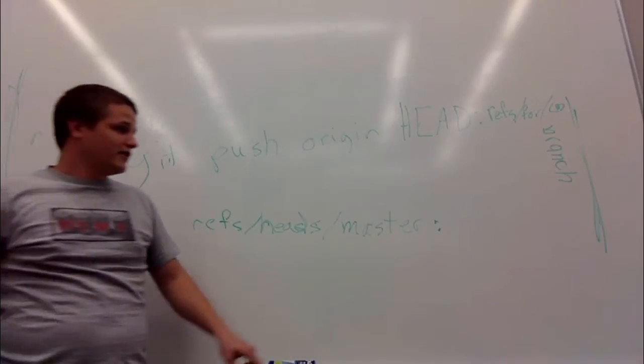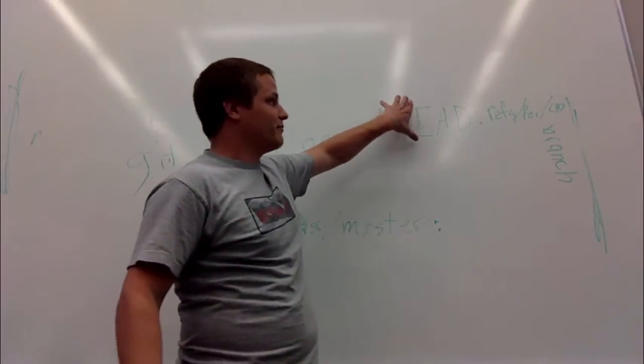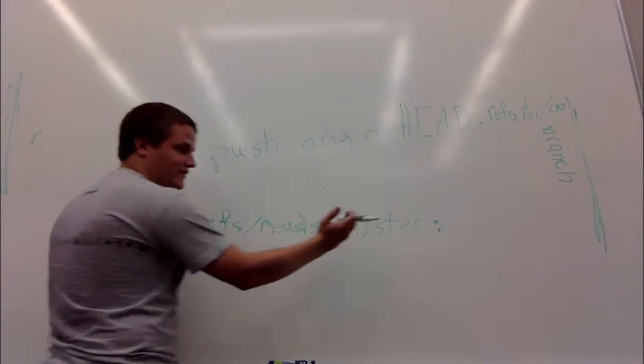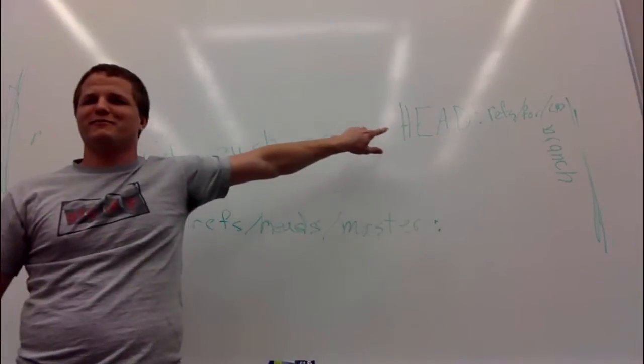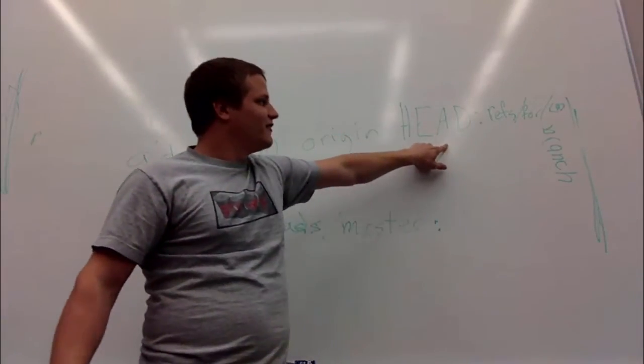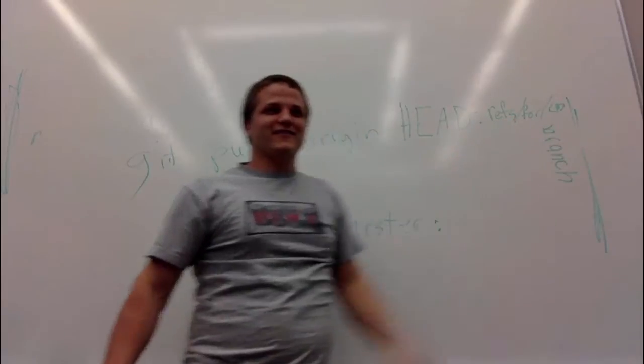That's the destination. Well, in this case, we're saying push HEAD, where we've replaced refs/heads/master with HEAD, because we're lazy, or awesome, depends on how you look at it. And our destination is refs/for/master.